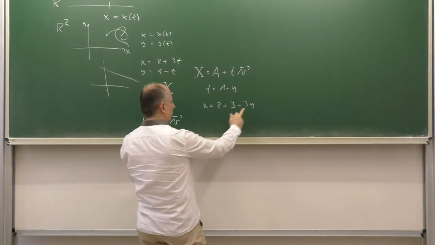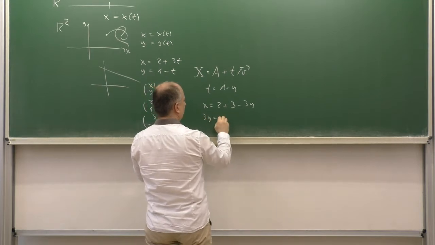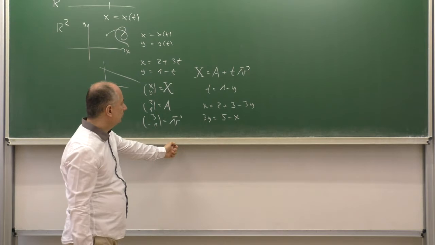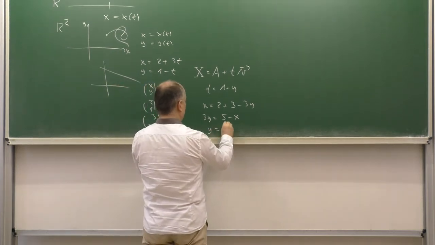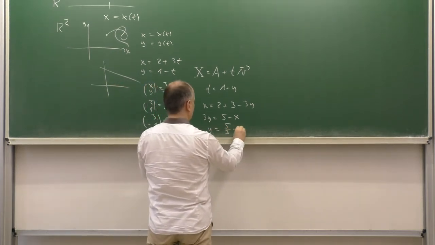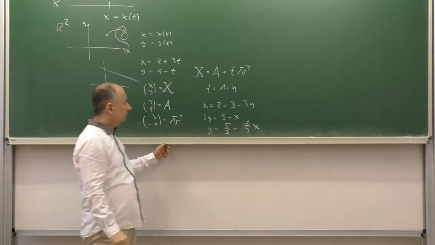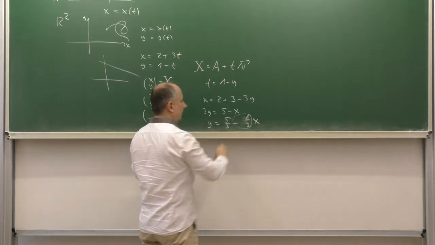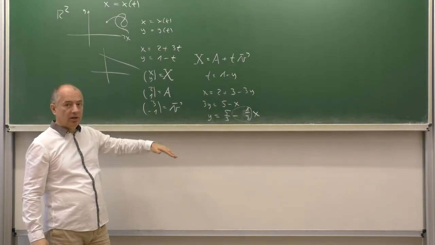And then we can write that 3y is equal to 5 minus x. And then y is 5/3 minus 1/3 of x. And this number, minus 1/3, is called the slope, and it determines the direction of the line.